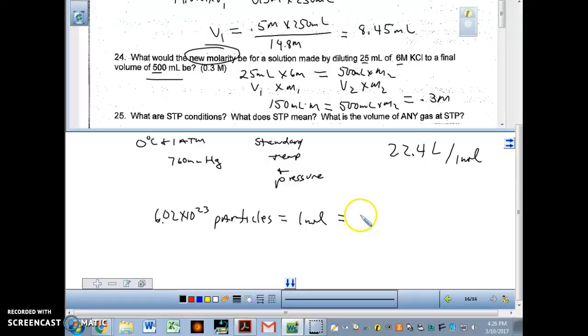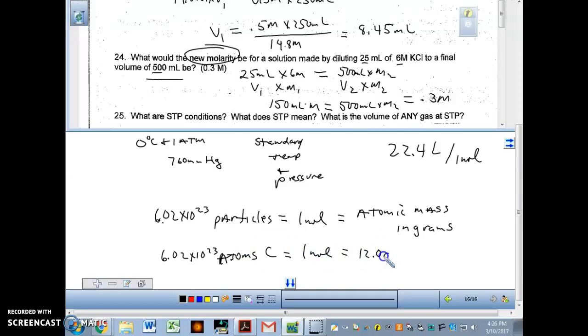So 1 mole of anything is a mole of those particles, equal to the atomic mass in grams of that substance. So 6.02 times 10 to the 23rd atoms of carbon is a mole of carbon, is 12.0 grams of carbon.